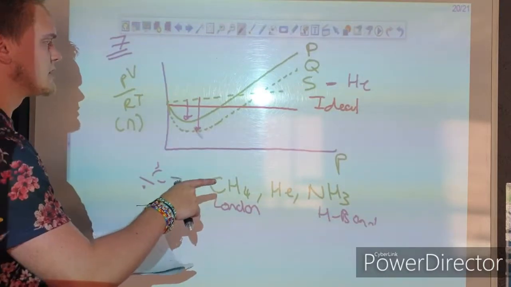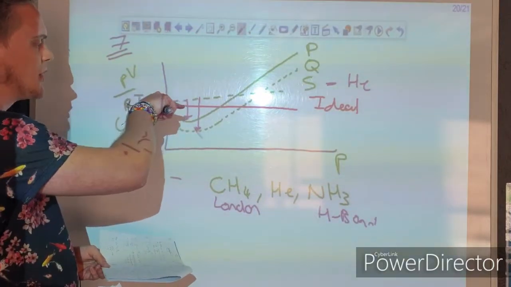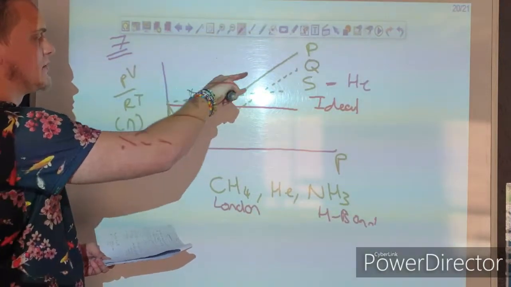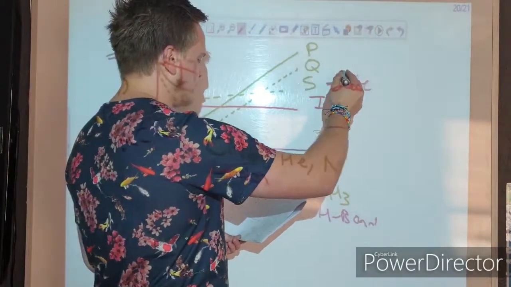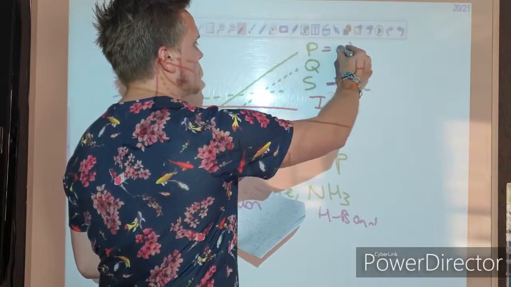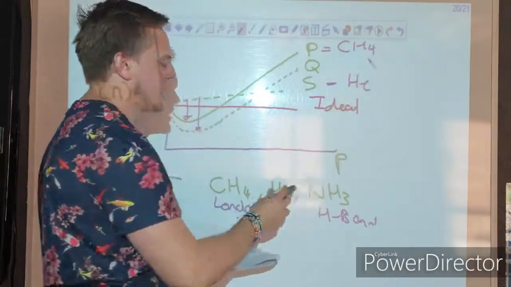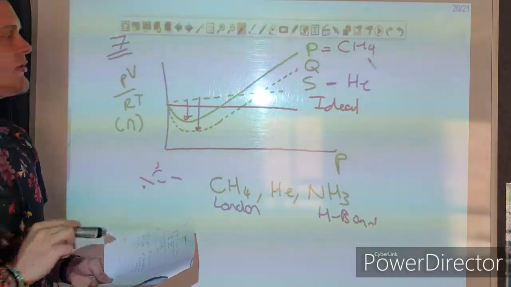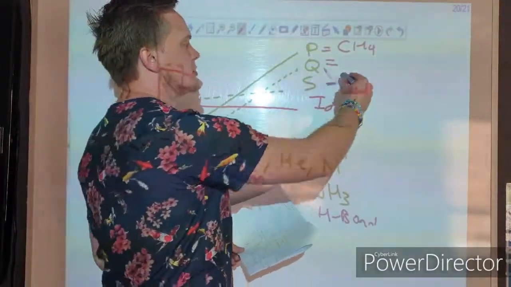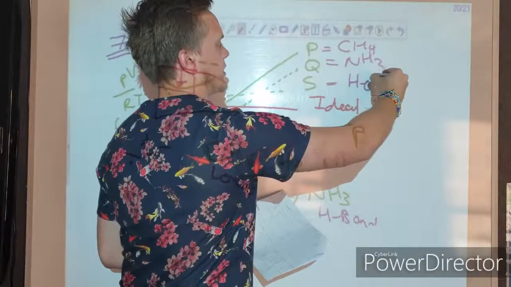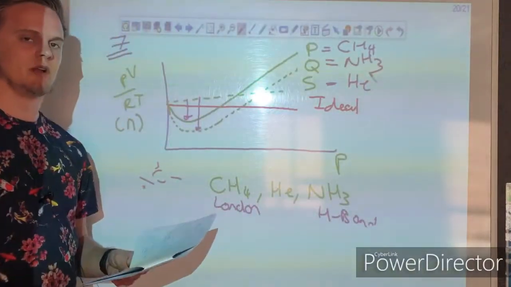Because CH4 has London forces, which are weaker forces, it doesn't have that strong a deviation. So P should be our CH4, and because NH3 has stronger forces, the deviation from the ideal will be bigger, so that is our NH3. That is gases.